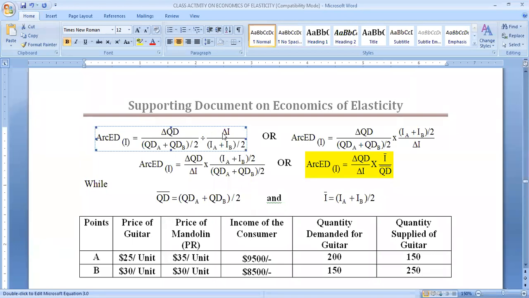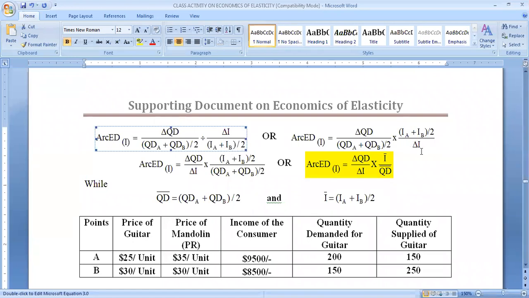This step can further be written as the sign of division is changed to the sign of multiplication. Then this denominator will be converted into numerator, and this delta I, which is a numerator over here, will be written in the form of denominator in the next step.